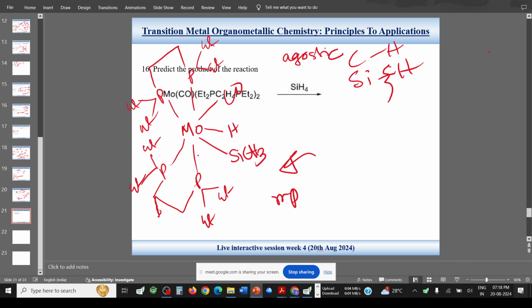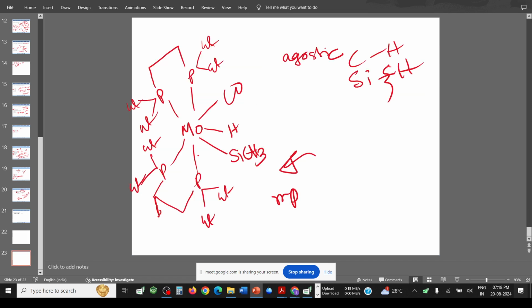Is this clear? Yes, sir. Why this reaction is important is also clear. We have X-ray crystal structure proof of the agostic interaction as well as the CH activation in the metal, and we can also say that the CH activation or functionalization goes through this hydride complex. With this I think I have completed all the questions.